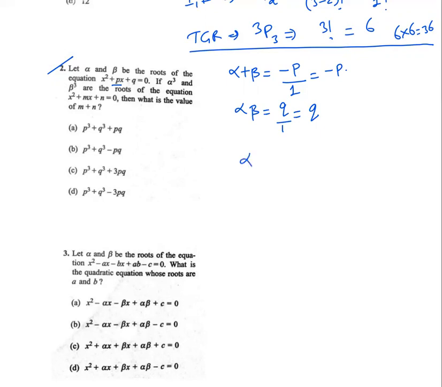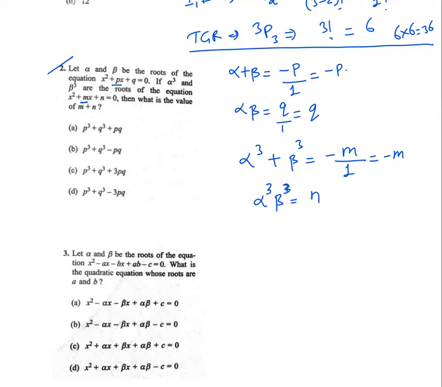If alpha cube and beta cube are the roots of the equation x square plus mx plus n, then the sum of roots will be equal to what? Minus b by a. The coefficient of x is m divided by 1, so negative m. Next, the product of roots, alpha cube into beta cube, will be equal to n.